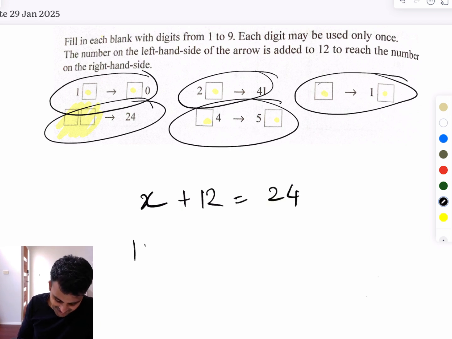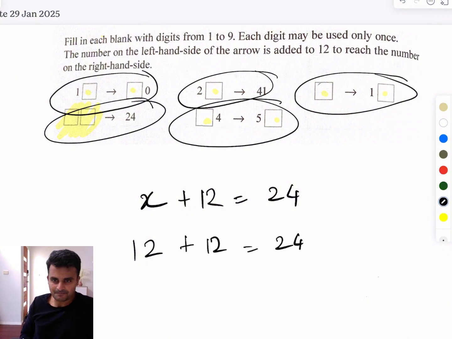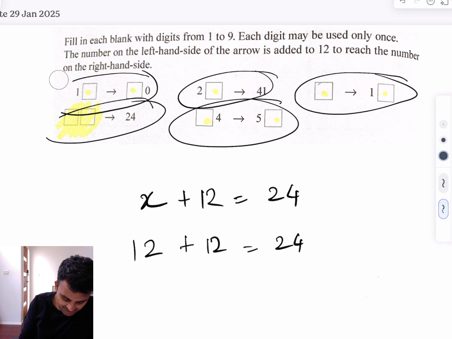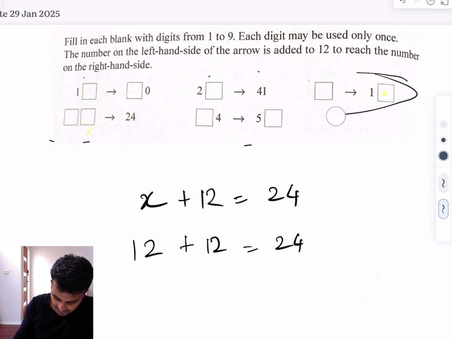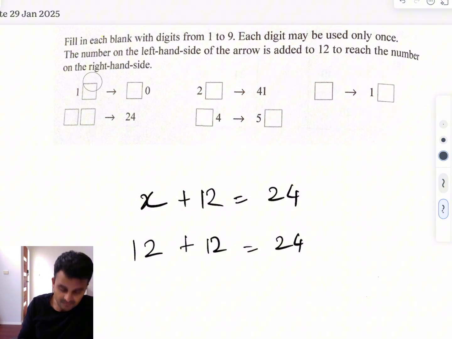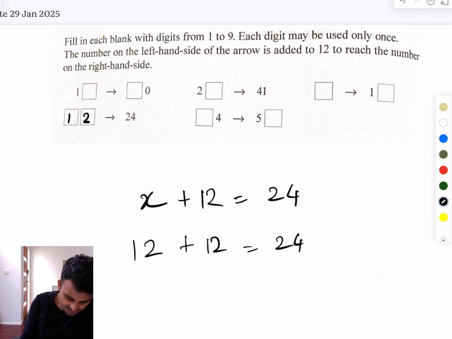We know that 12 plus 12 is 24, which means if we can just clear this up quickly, then we can start by filling up 12 plus 12 is 24.